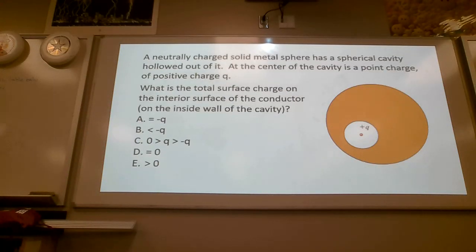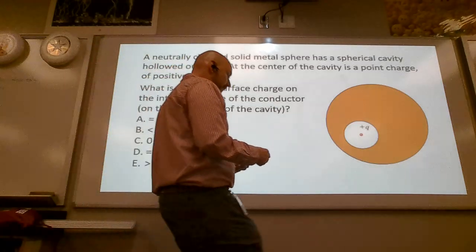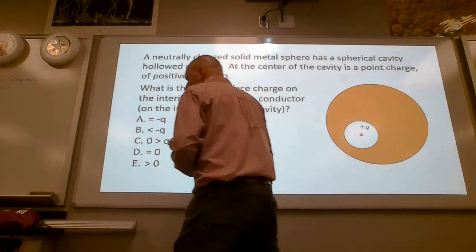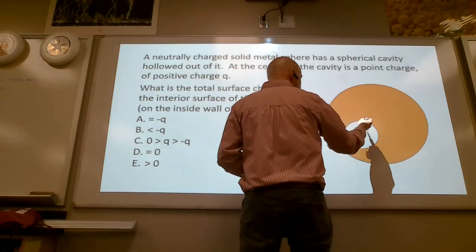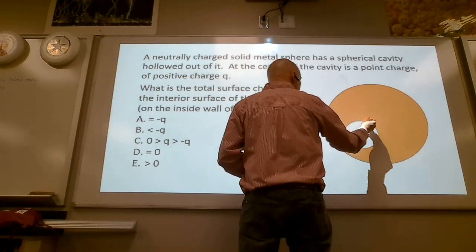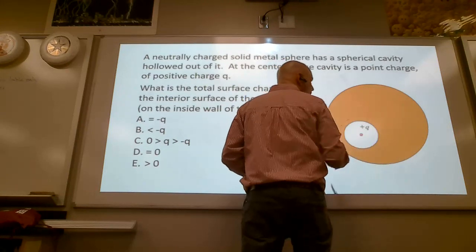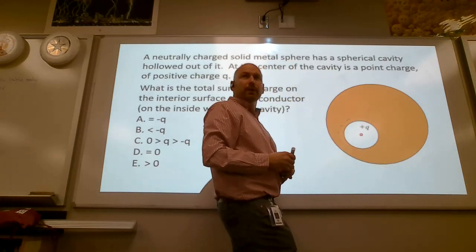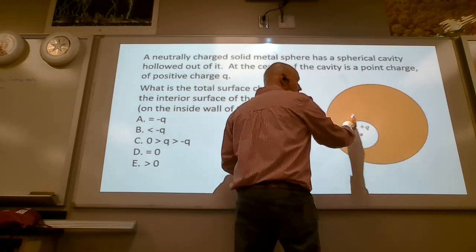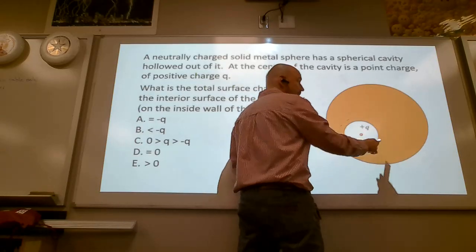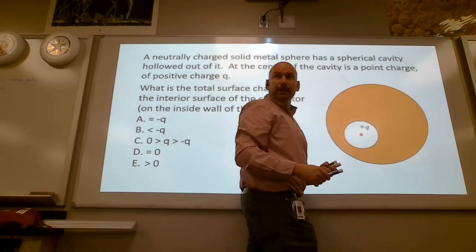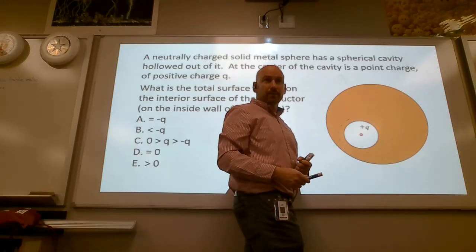So here, if we did our Gaussian surface, what did you say the answer was? Good. If we did our Gaussian surface here, the field is 0 because you're on the interior of a conductor.